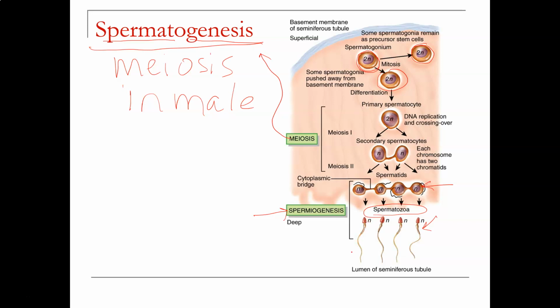It's going to grow a flagellum that it's going to need if it's introduced into the female reproductive system so that it can move along, and a few other features we'll look at in a moment. So going from a round spermatid to an elongated spermatozoan occurs mainly in the lumen of the seminiferous tubules and also in the epididymis. It can finish up in the epididymis. That's spermiogenesis.